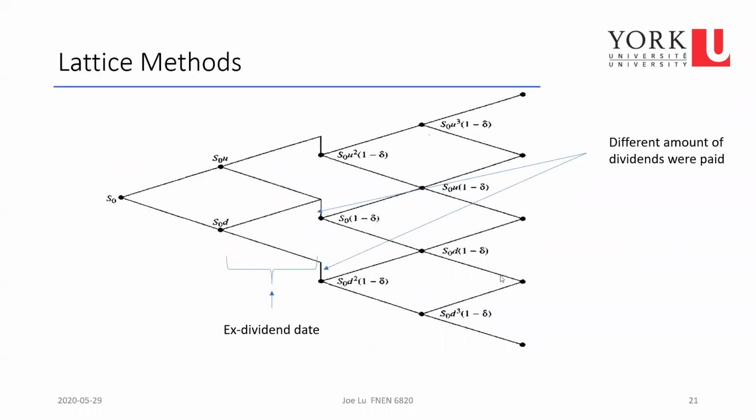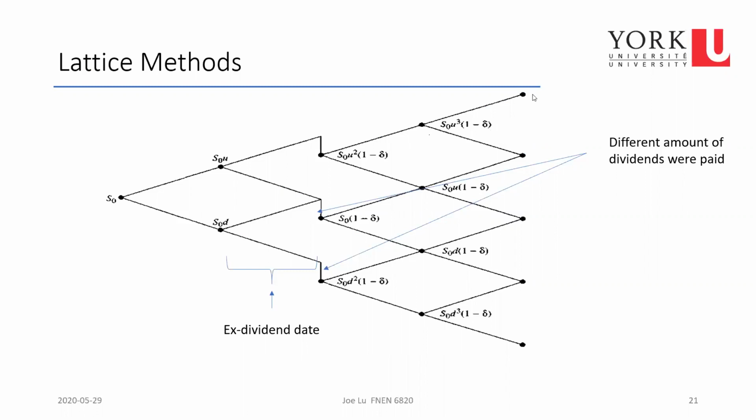Also, one point to realize is that this delta here, although I have the same delta, we just use one delta here. But let's say if you have another ex-dividend date here, then there's another drop. If there's a drop here, then that delta doesn't have to be the same as this delta. So you can call this 1 minus delta 1.